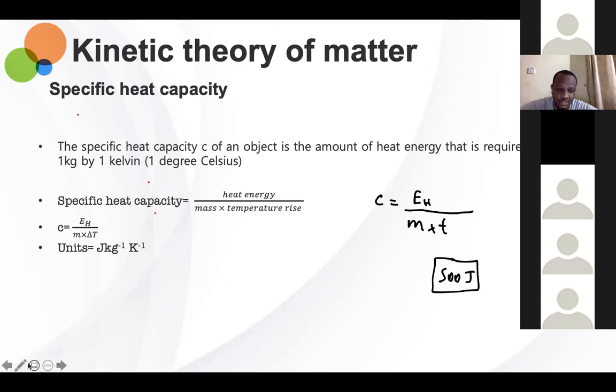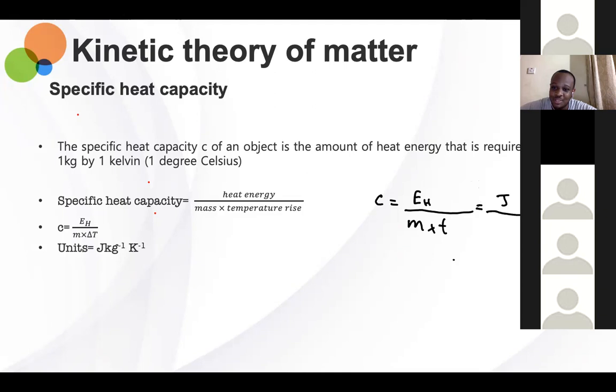All right, so let's look at the units for specific heat capacity. Could someone remind me of the unit for energy? I already gave it. So joules.